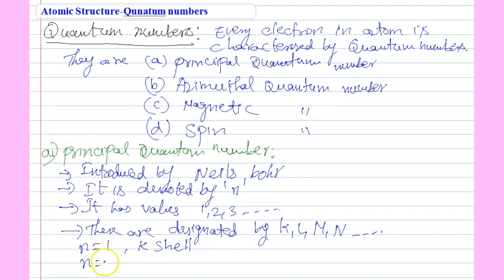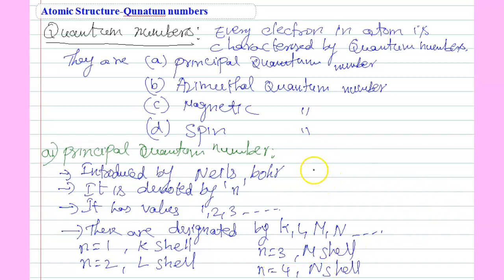If n equal to 2, that is L shell. Similarly, if it is n equal to 3, M shell. If n equal to 4, N shell.